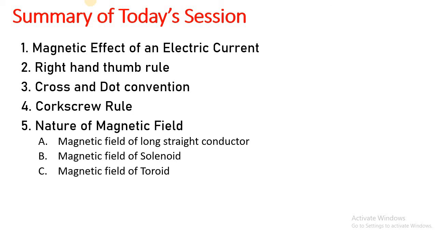Then the cross and dot convention. Incoming current is represented by the dot convention, and outgoing current is represented by the cross convention. Then the corkscrew rule, that the advancement of the screw gives you the current direction, and the motion of the screw gives you the direction of the magnetic field.